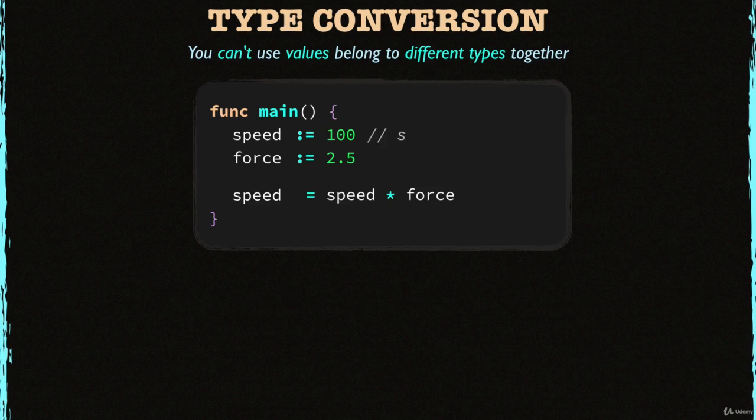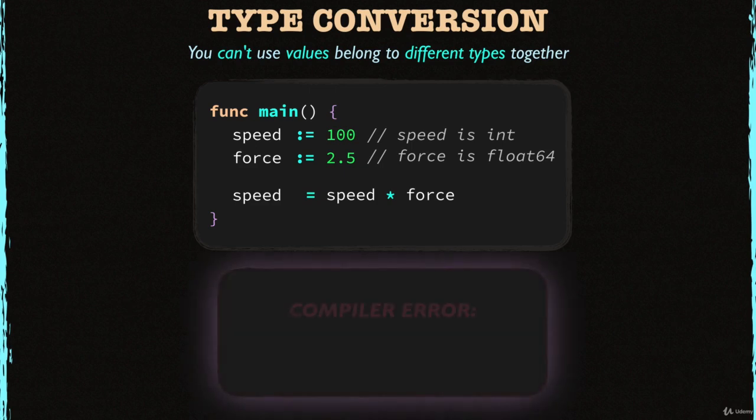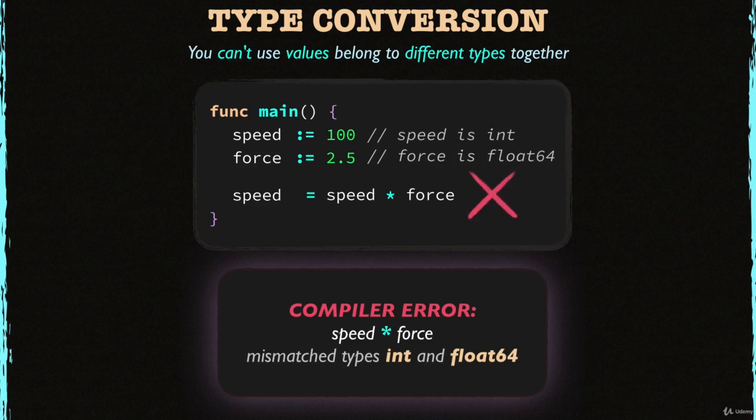So the type of the speed variable is int, whereas the type of the force variable is float64. So when you run this program, there will be an error like this. It clearly tells you that the speed variable is an int, but the force variable is a float64. As you've seen before, you cannot use different types of values together, even though they both are numeric types.